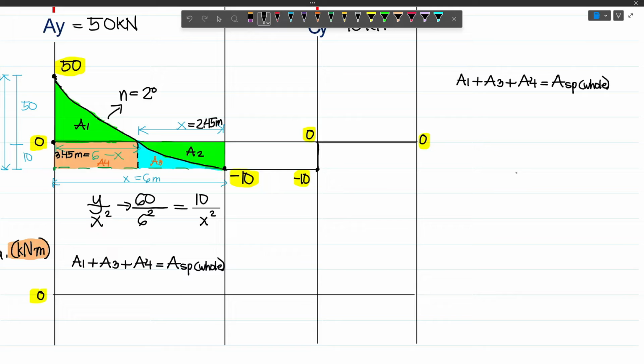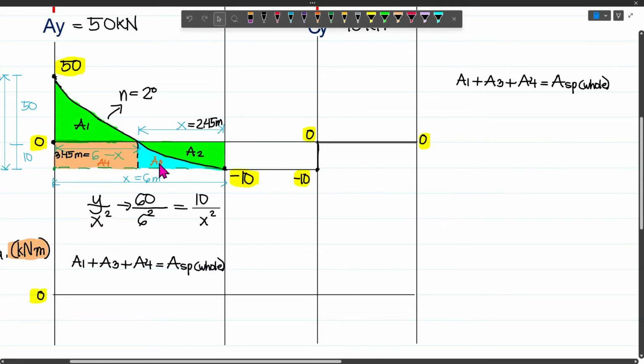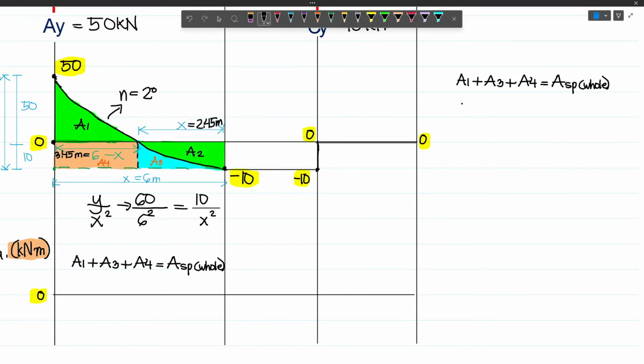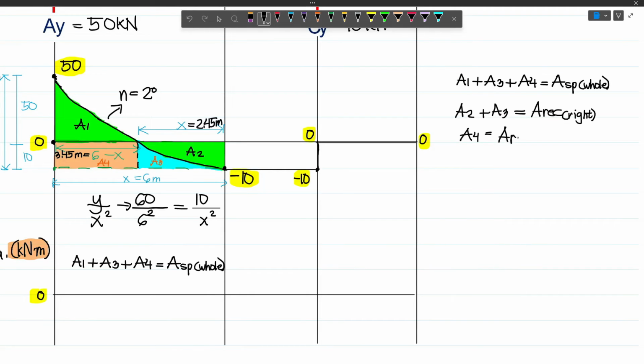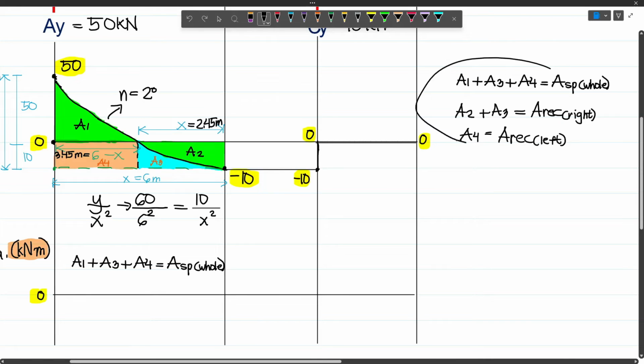Next, we can also see that A2 plus A3 will be equal to the area of this rectangle. So we have A2 plus A3, these two, that will be this rectangle. Let's label this one as the rectangle at the right. And then our area 4 will just be this rectangle. So this is the area of the rectangle at the left. And so now we already have everything.